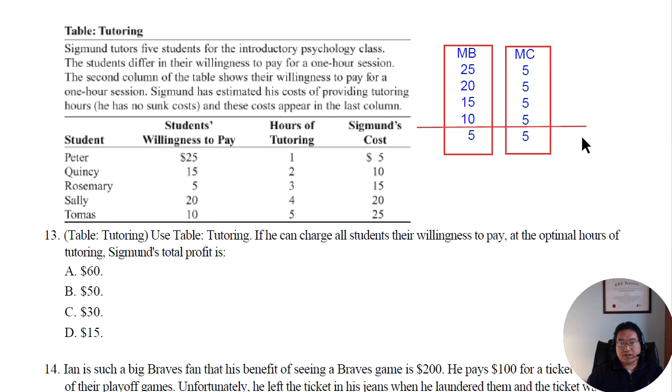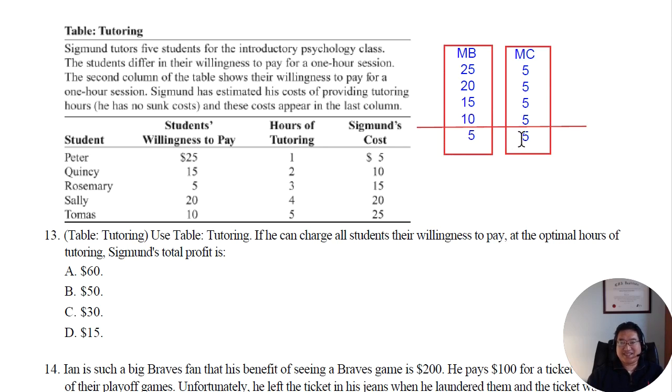Sometimes we say the decision maker will go to the 5th unit where the marginal cost equals the marginal benefit. The decision maker is indifferent between whether to do the last unit or not. In this situation, I will say, I can do 1 or less.